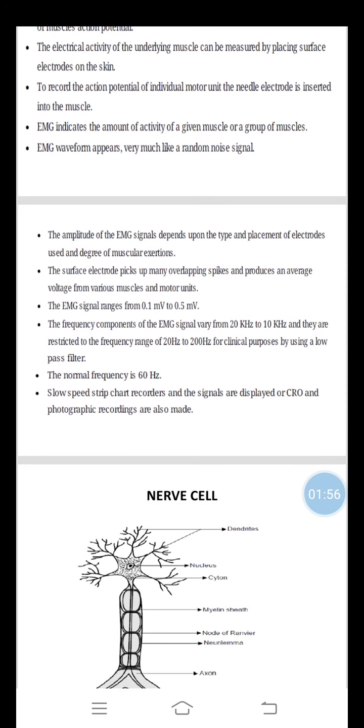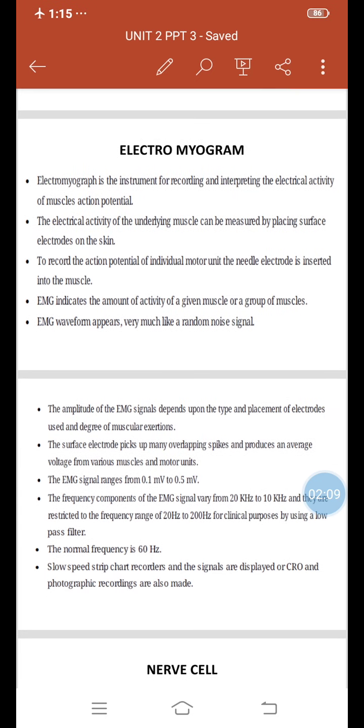The normal frequency is about 60 Hz. Slow speed strip chart recorders are used, and the signals are displayed on a CRO; photographic recordings are also made. This is the basic information about electromyogram.